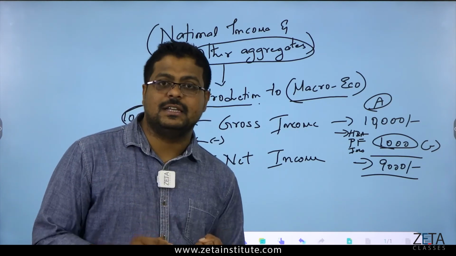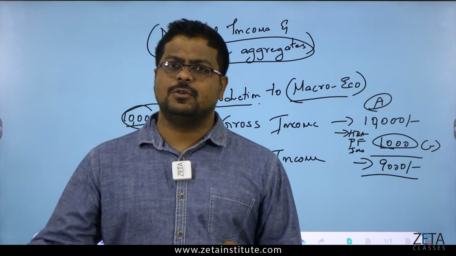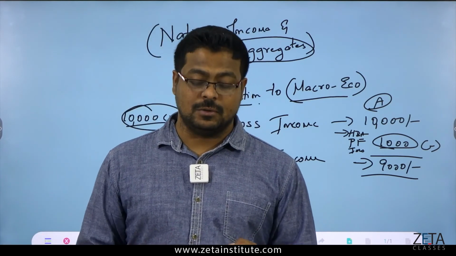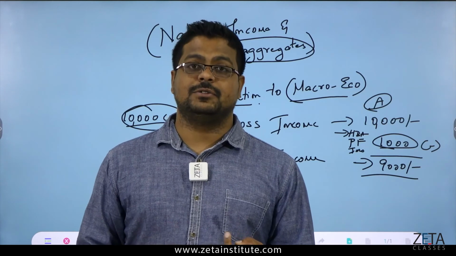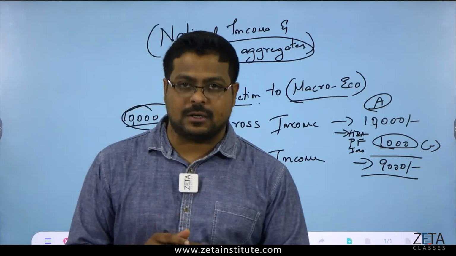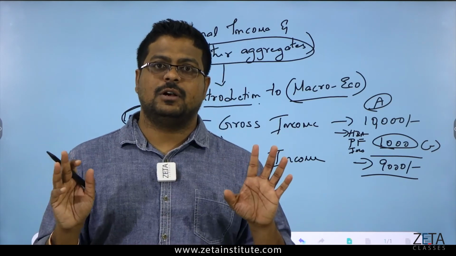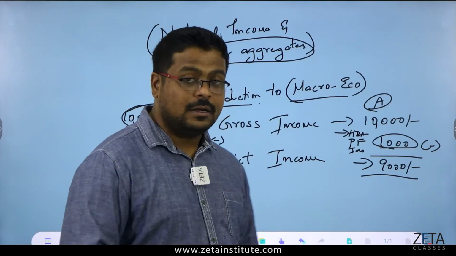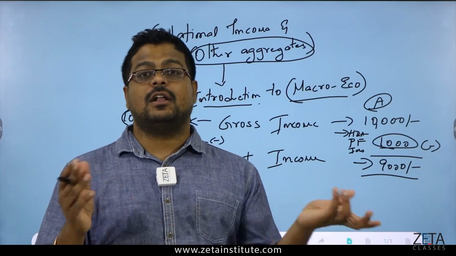Understood? I'll just conclude. First thing is to know about different kinds of goods: consumer goods or consumption goods, capital goods, semi-finished goods, finished goods, like that. Then, what do you mean by stock? Stock is what the inventories are. Then the most important here is the circular flow of income.